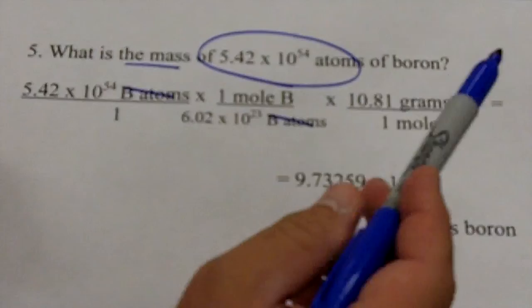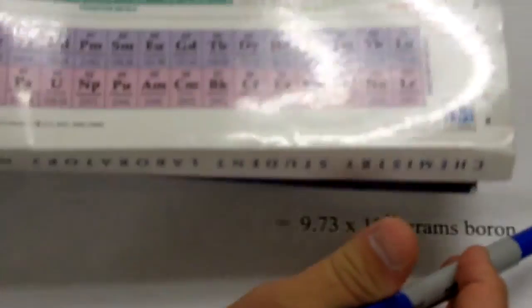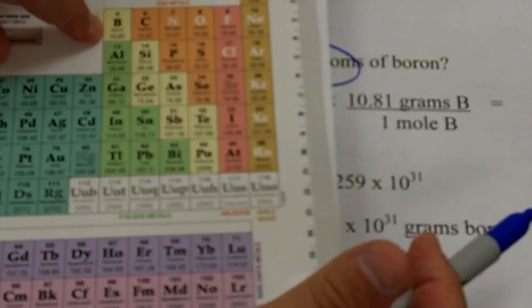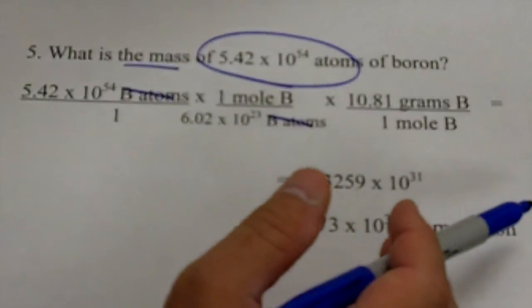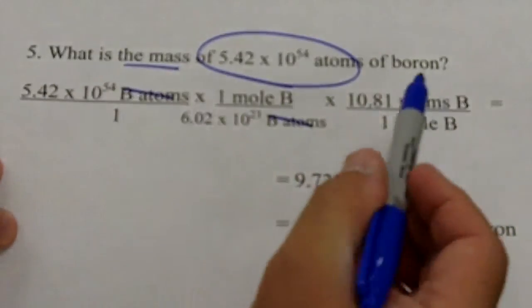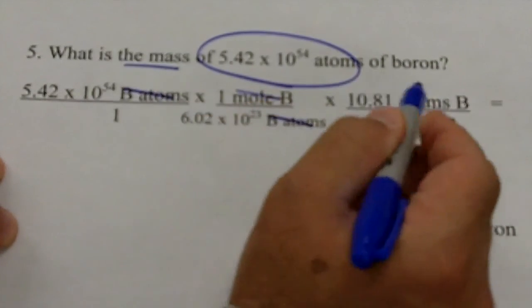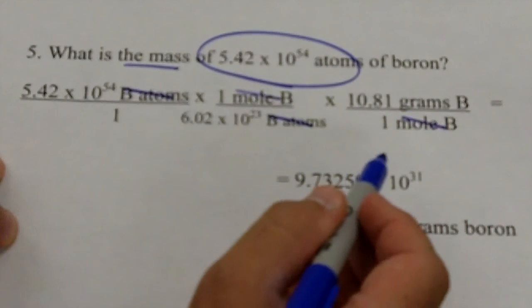It's not 14.01 like it was for nitrogen. We're going to have to get the periodic table again, find boron, it's right here, and it's 10.81 grams. So 10.81 grams is the mass of 1 mole of boron. Cancel moles of boron with moles of boron, and I'm left with grams of boron, which is what I want.